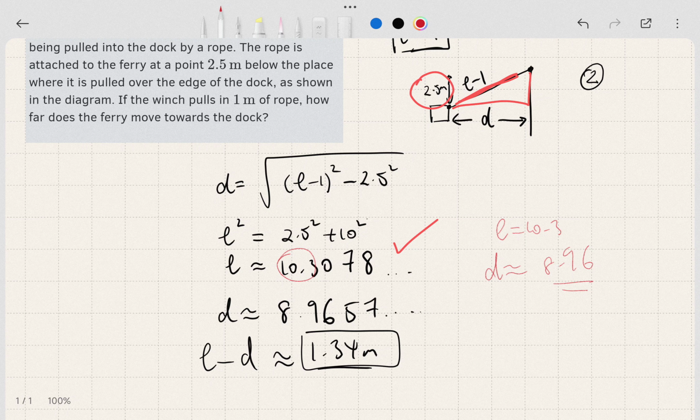So in this scenario, it's really difficult to get an accurate answer.